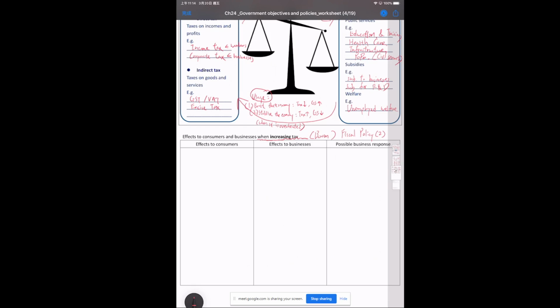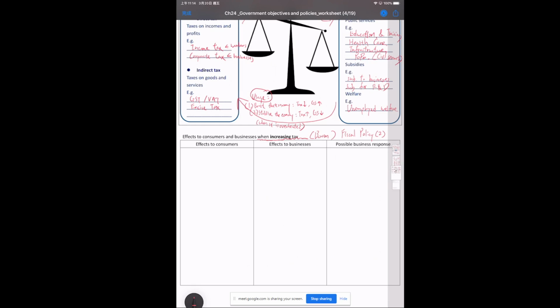If there's an increase of tax, the consumers will have less disposable income. Disposable income is basically your income after deducting the tax. Because now you have to pay a much higher tax, at the end of the day you will have less income.